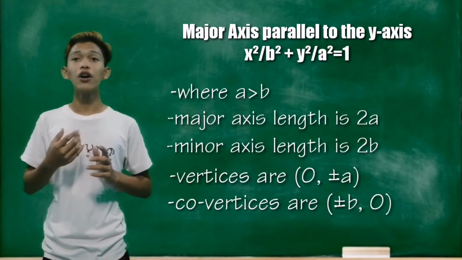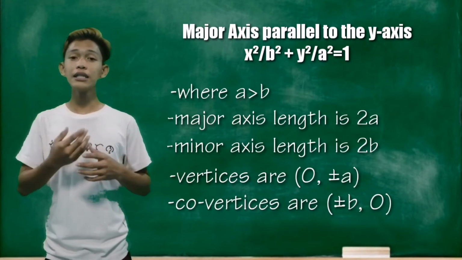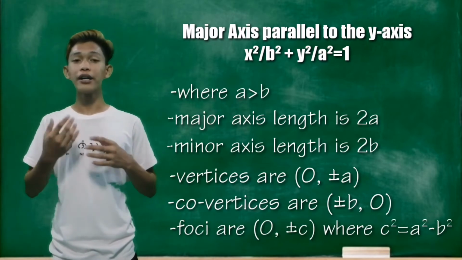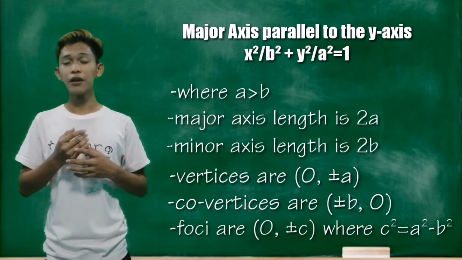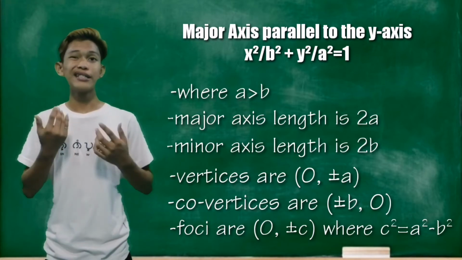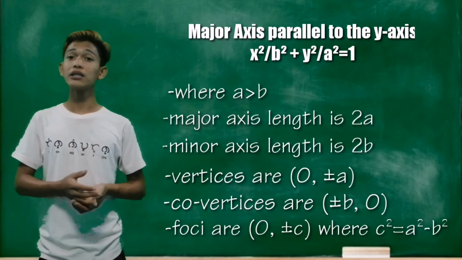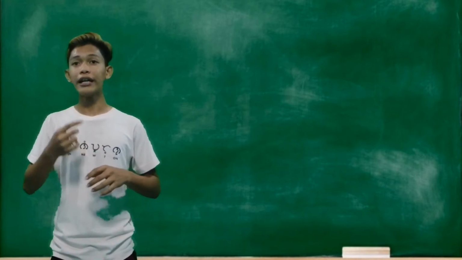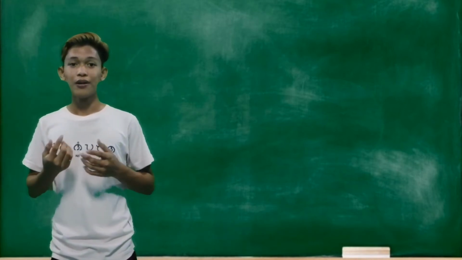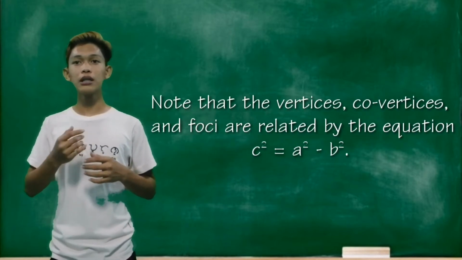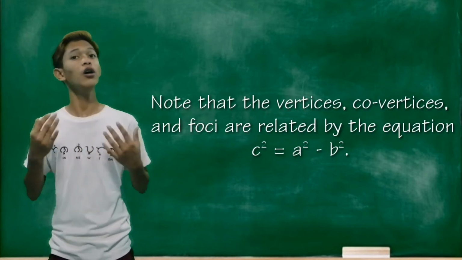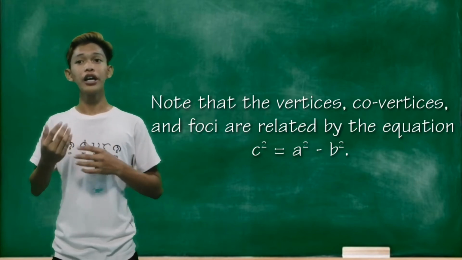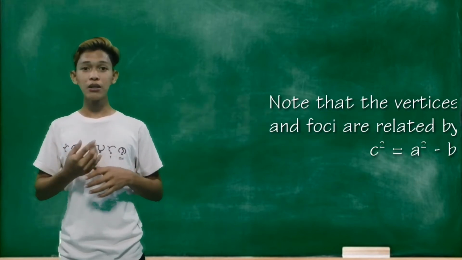The coordinates of the co-vertices are (±b, 0). The coordinates of the foci are (0, ±c), where c squared is equal to a squared minus b squared. Always remember that a is greater than c and b. And always remember also that the vertices, co-vertices, and the foci are related by the equation c squared equals a squared minus b squared.